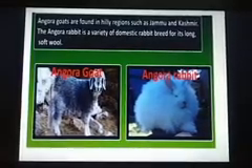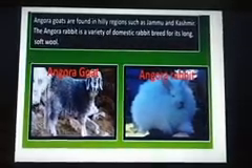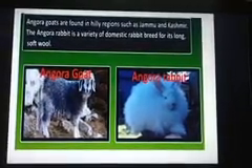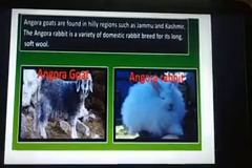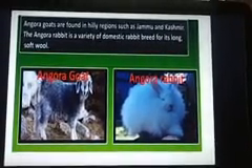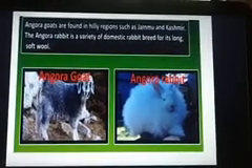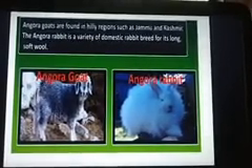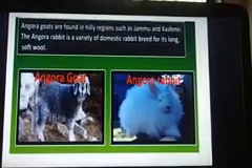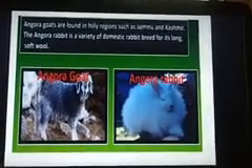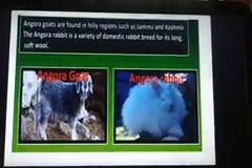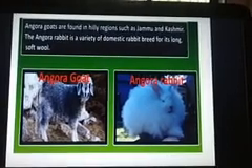Yes children, you can see here there is an Angora goat and Angora rabbit. Angora goats are found in hilly regions such as Jammu and Kashmir. The Angora rabbit is a variety of domestic rabbit bred for its long, soft wool. Now there is a term selective breeding, which means we are selecting good quality parents so that the offspring will have a good quality of wool.